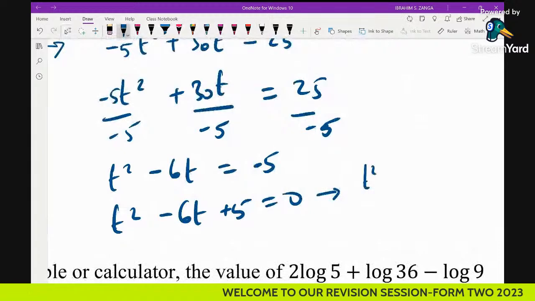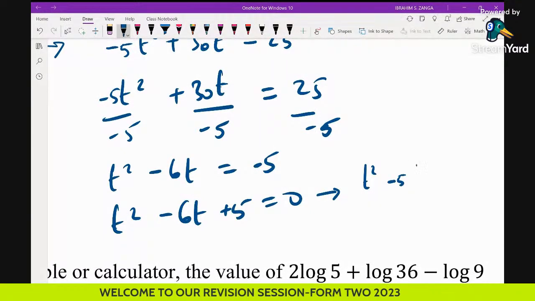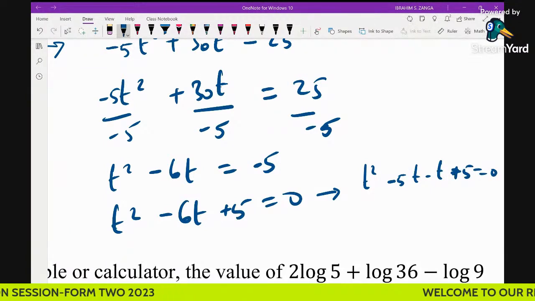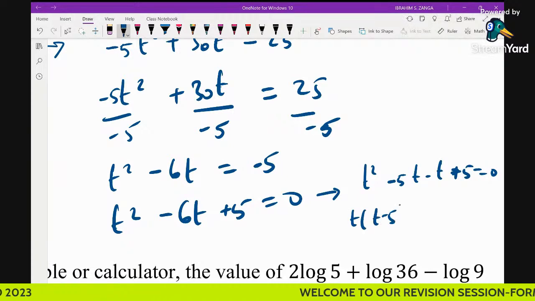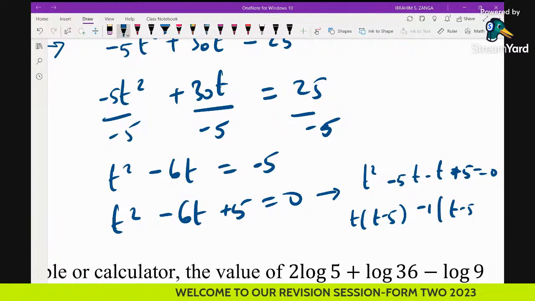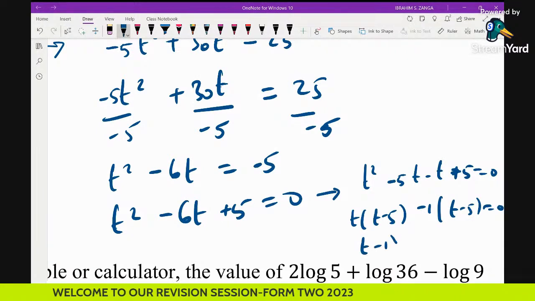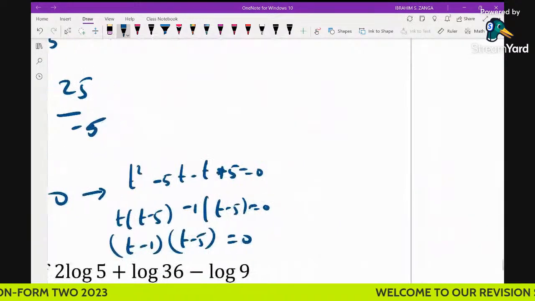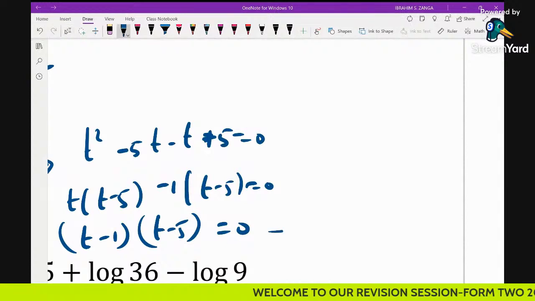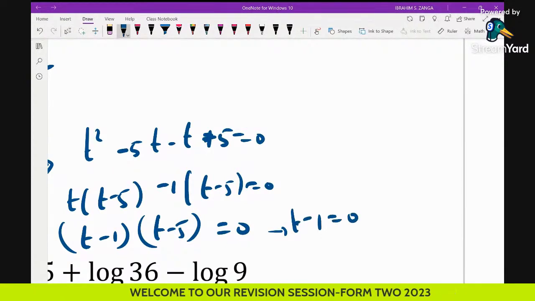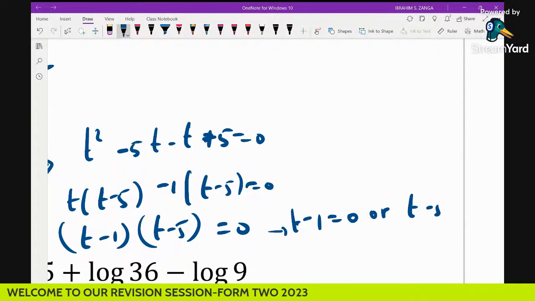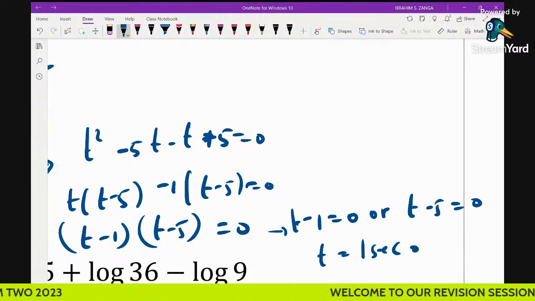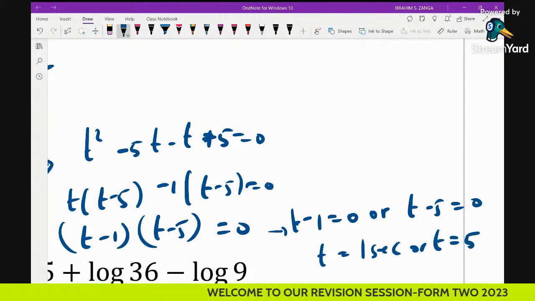So it is t squared minus 5t minus t plus 5 equals 0. You have t times t minus 5 minus 1 times t minus 5 equals 0. t minus 1 times t minus 5 equals 0. So this is a quadratic expression whereby now t minus 1 equals 0, or t minus 5 equals 0. So t is 1 second, or t is 5 seconds.